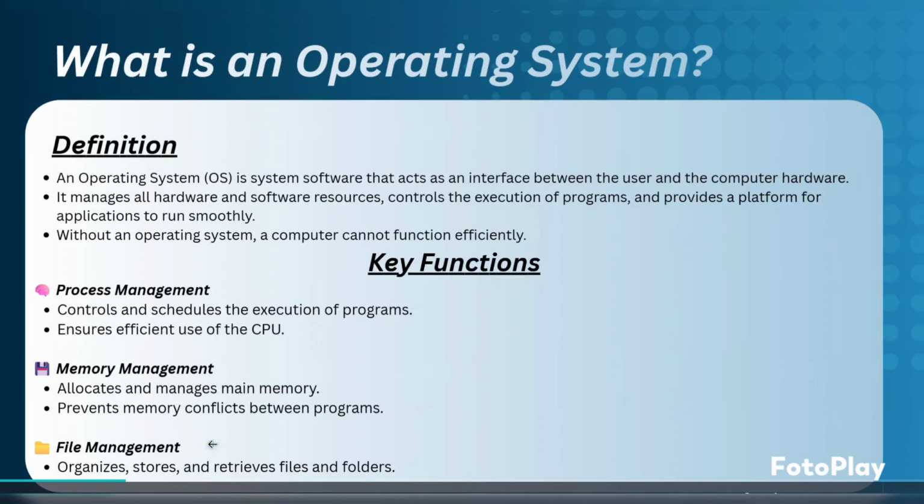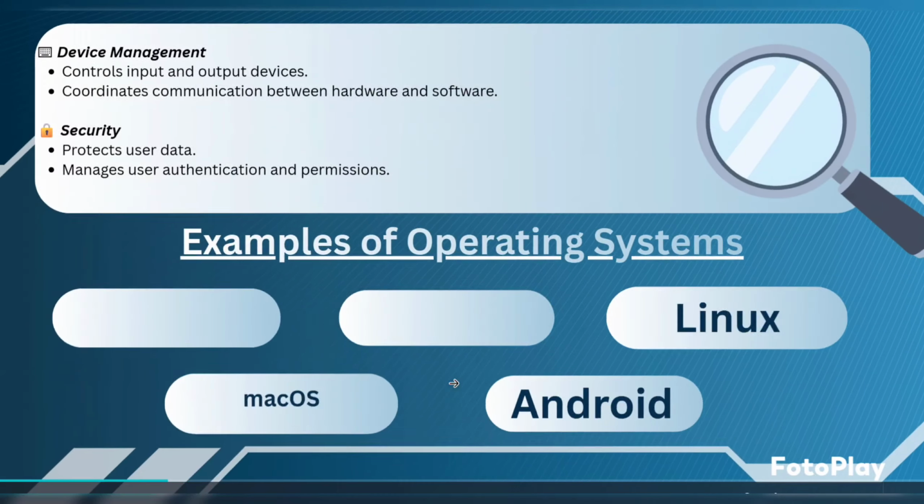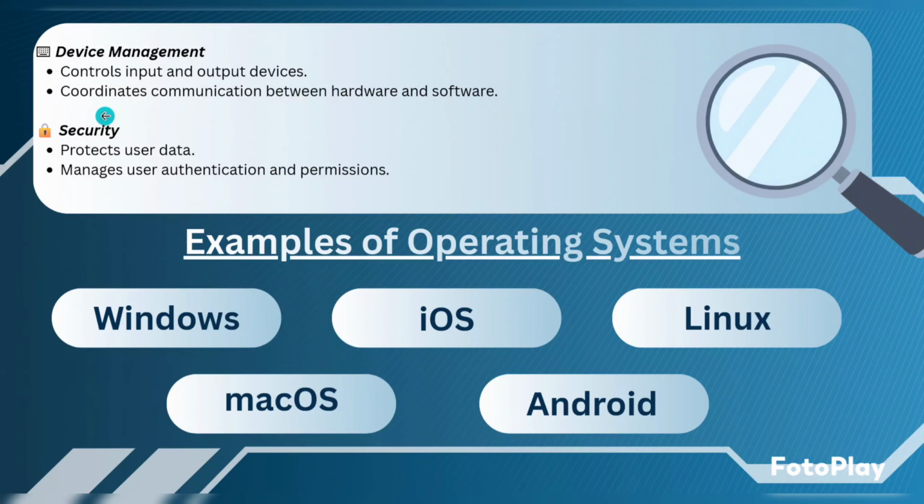The third function is file management, where it organizes files and folders of your computer. The next is device management, which controls devices like the keyboard, printer, mouse, and monitor of your system. And the last is security, which provides protection to your data and manages user authentication and permission.